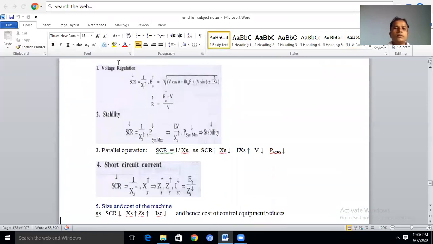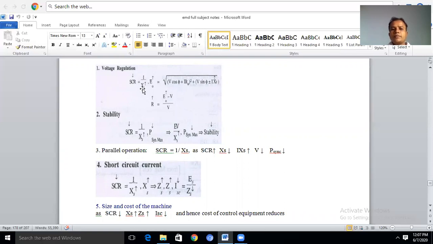First, voltage regulation. The short circuit ratio also affects the voltage regulation. Voltage regulation is given by E naught minus V divided by V, that is, no load voltage minus full load voltage divided by full load voltage. Now SCR is 1 divided by XS.